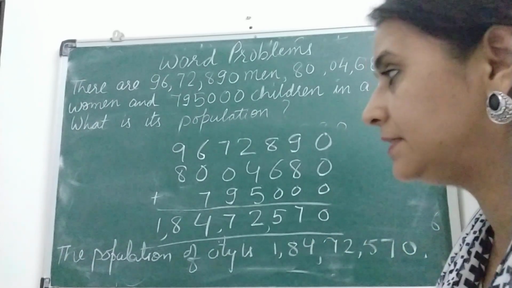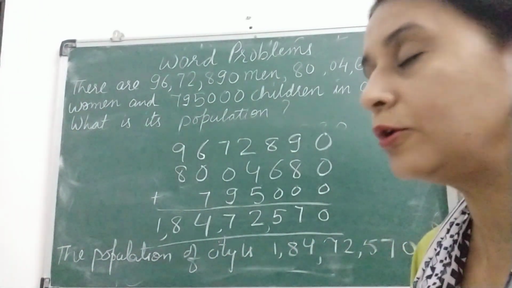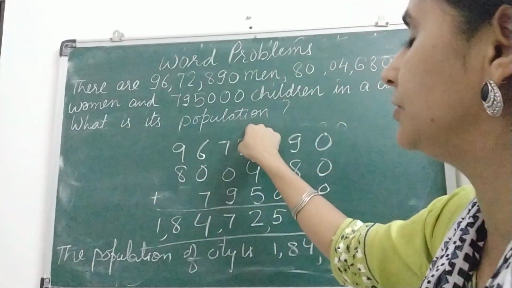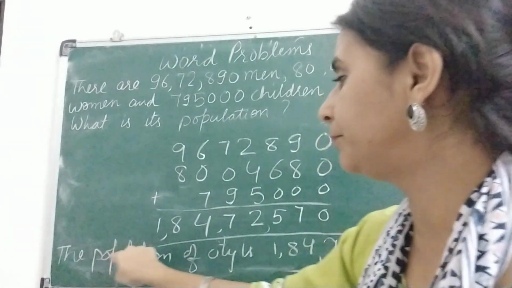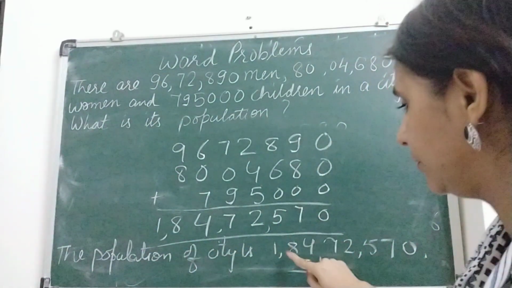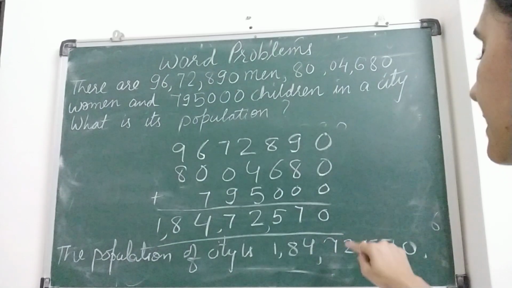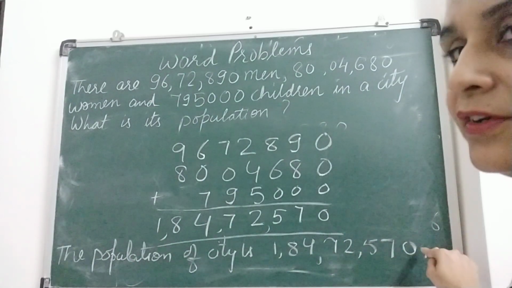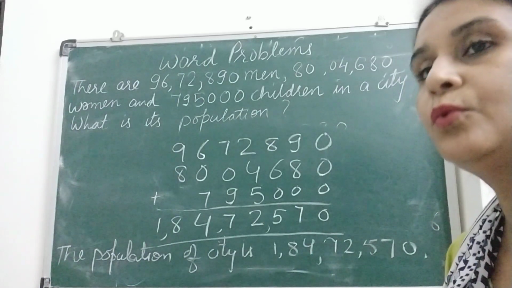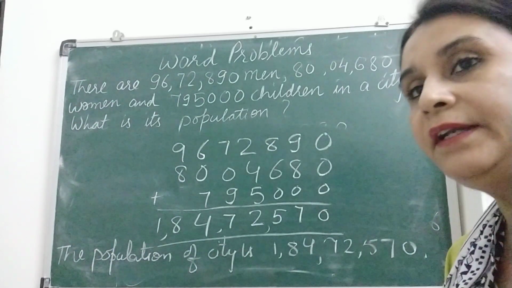So we write answer statement also. They were asking what is its population. We will write the population of city is 1,84,72,570. So this is the way to do word problems of addition.